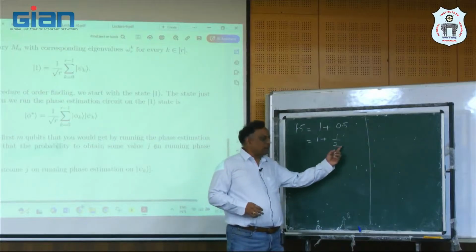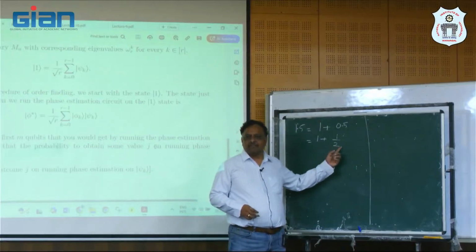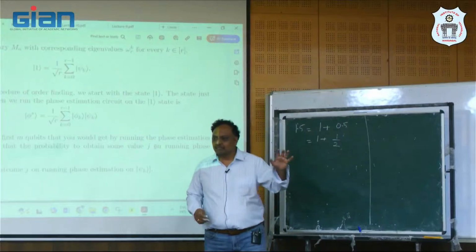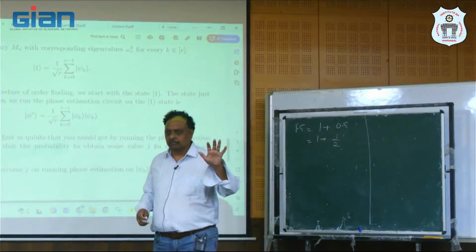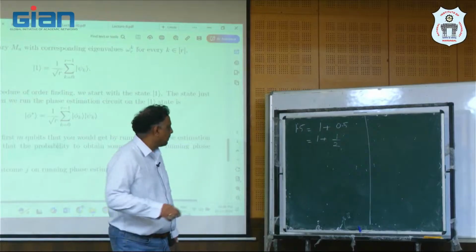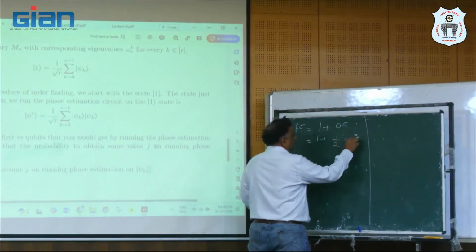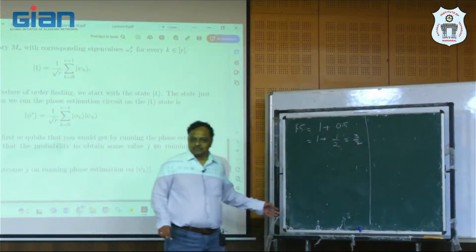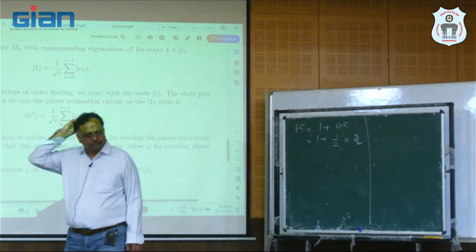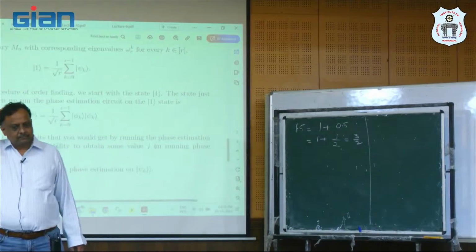Because at 2 I don't have any fractional part. If I have fractional part I would have continued. So what do we get here? This is 3 over 2. Agreed?